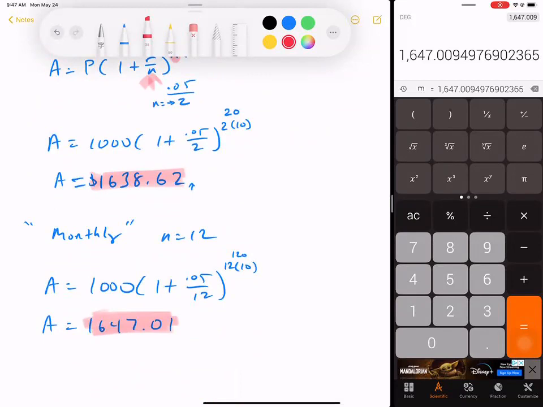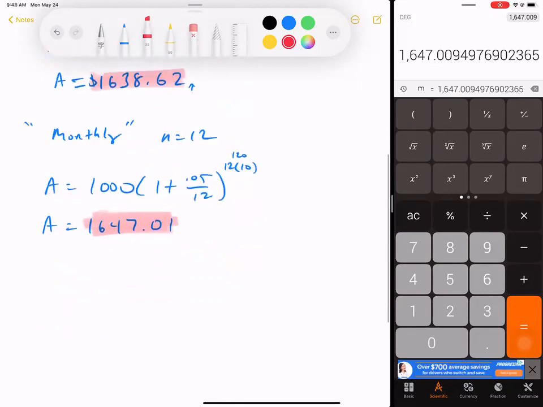Sure, that might not be a big deal. But let me tell you, in the grand scheme of things, this was only for $1,000. What if this was for $1 million? What if this was for $1 billion? What if this was a $1 billion fund that was being reinvested? Would a couple of, in this case, $20 matter if this was $1 billion versus $1,000?